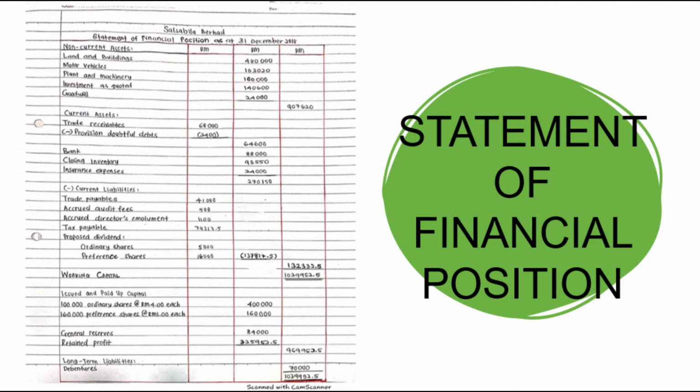For proposed dividend, we have ordinary share 5,000 and preference share 16,000 take from notes to account number 6, 2 Roman and 3 Roman.